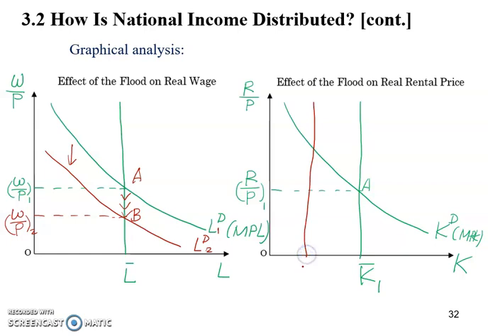So this is going to be K2 bar. Again, it's supposed to be vertical. Okay, I did this poorly, sorry about that. So here it will be the new real rental price, okay, and this will be the new equilibrium. So we find it's moving up along the curve because of the law of diminishing returns to capital.